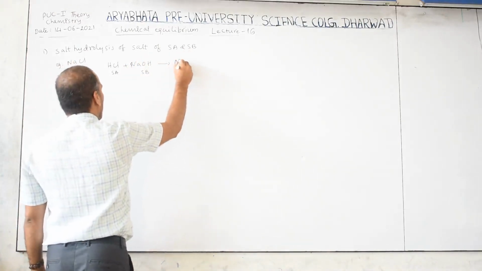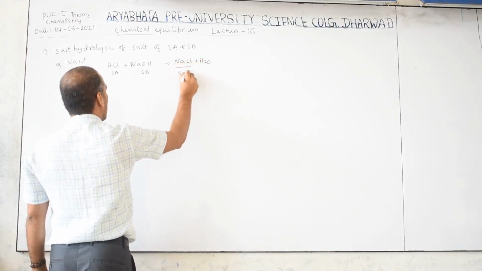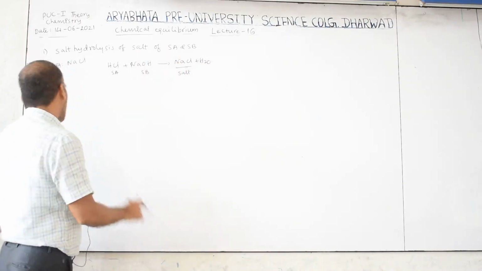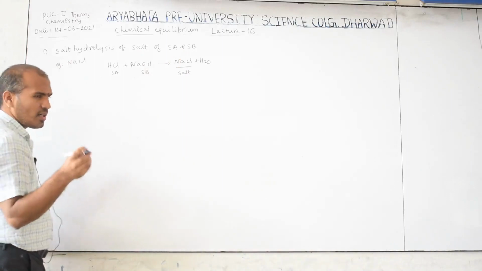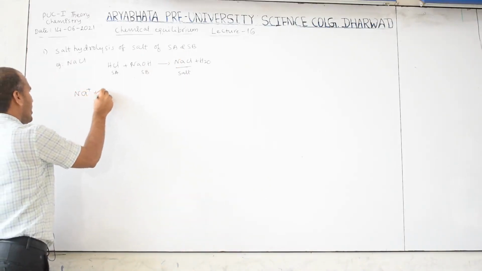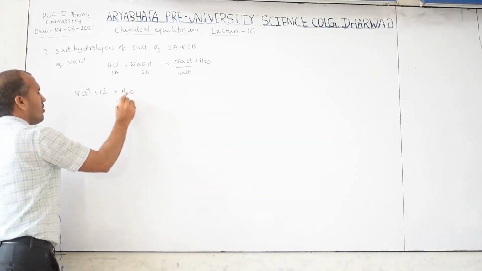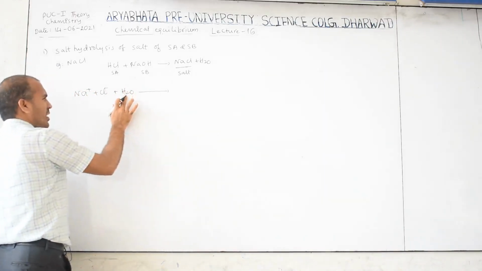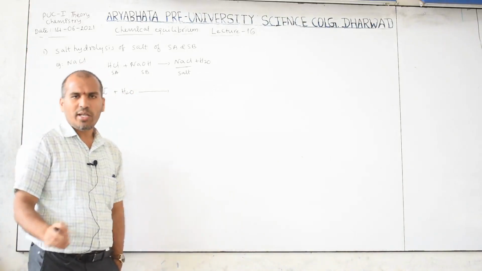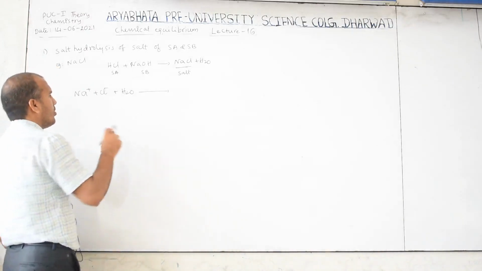Generally salts are completely ionized at any concentration, therefore Na plus and Cl minus are ionized in water. Then these react with water. The salt hydrolysis definition is already given: interaction of cation or anion or both with water gives an acidic, basic or neutral solution.